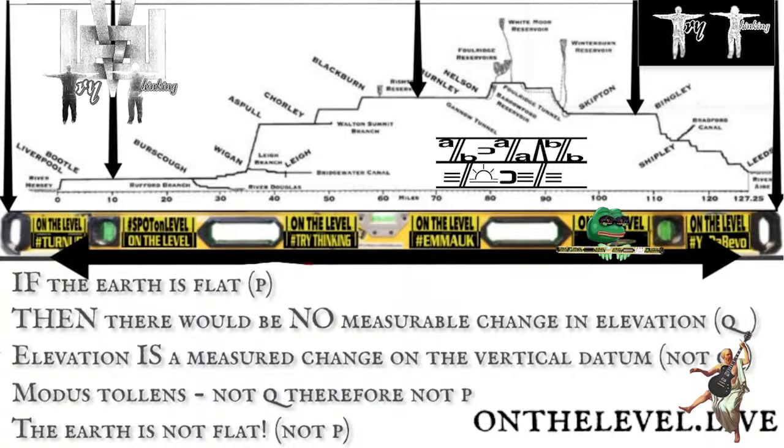There is no conflation between baseline and topography in the argument. It's just a simple if-then argument about elevation change. And obviously the Earth is not flat because of elevation change. That's what the argument is about.